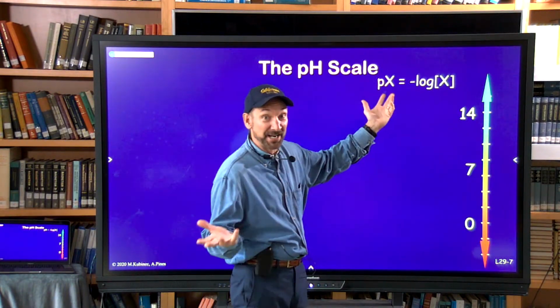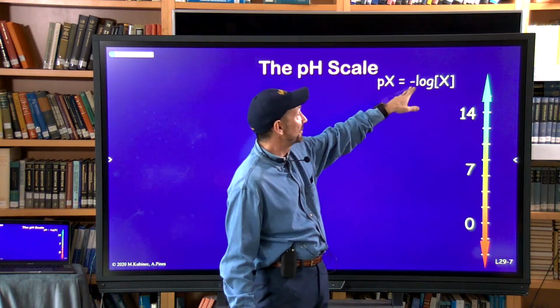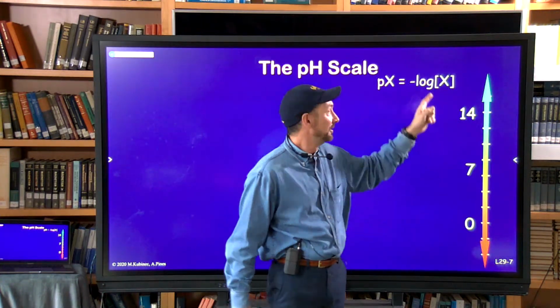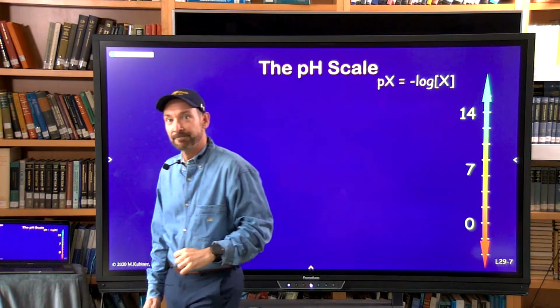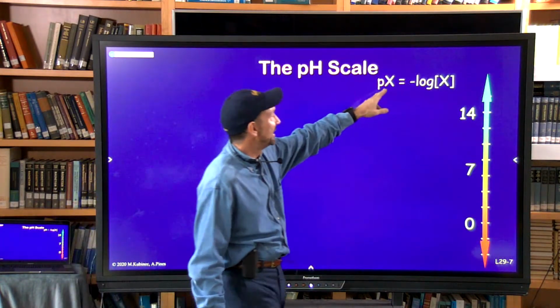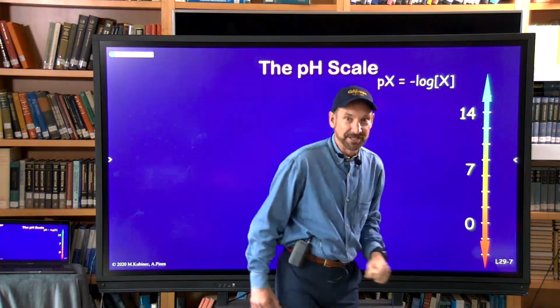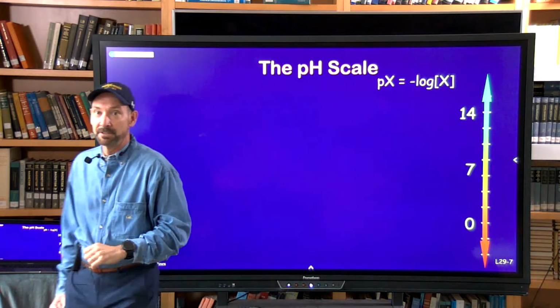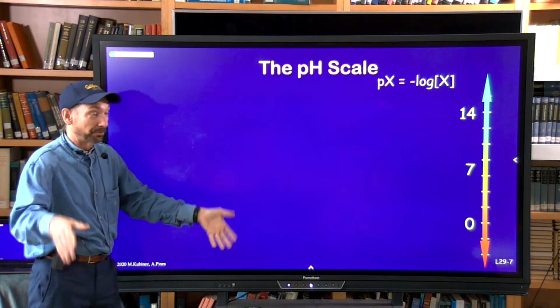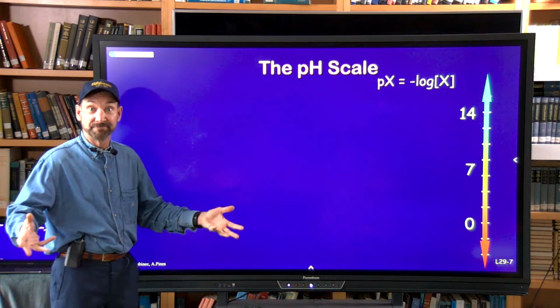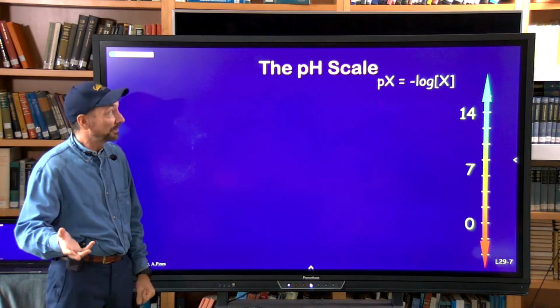But you could define it for anything. The little p essentially means take the minus logarithm of the quantity. So px means minus log of the x concentration. I know you guys don't learn about logarithms anymore in school, so you're going to have to review a little bit.